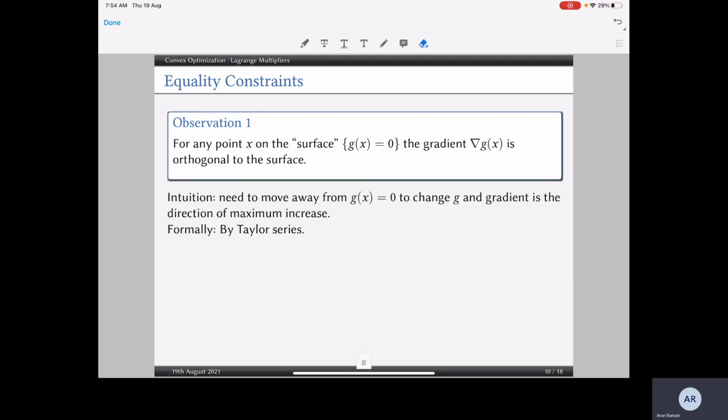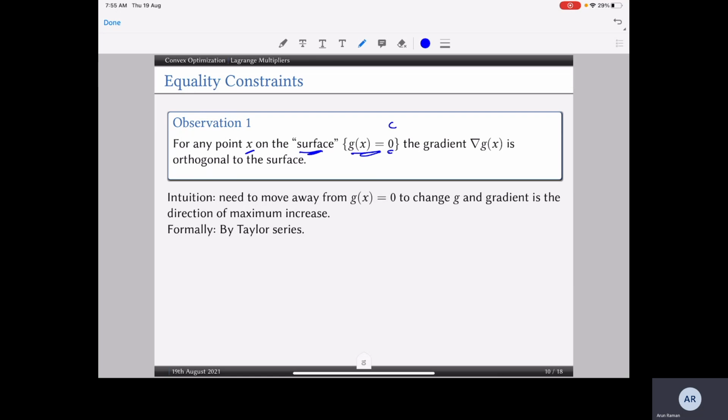The first observation that we have is that for any point x on the surface g(x) equal to 0, the gradient ∇g(x) is orthogonal to the surface. This is not just valid for g(x) equal to 0, but for any g(x) equal to c.